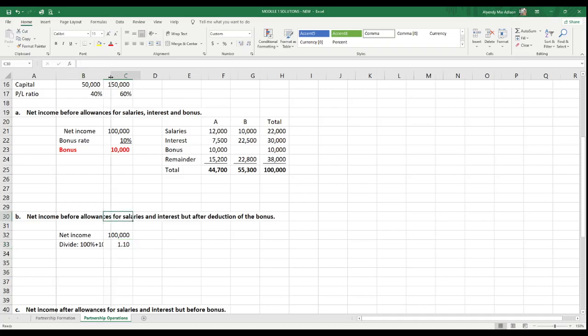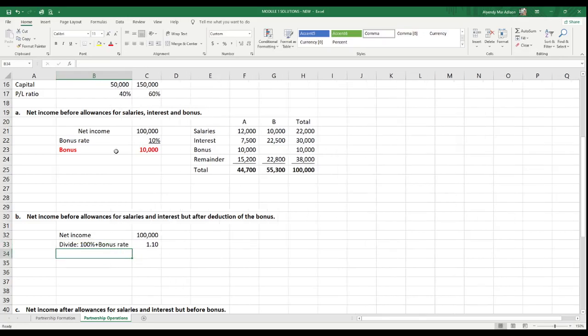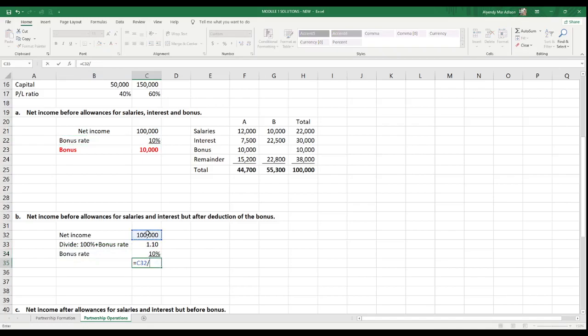The 100% is fixed, while the 10% depends on the bonus rate. So we have 1.10, and after that, we will multiply it by the bonus rate of 10%. So 100,000 divided by 1.10 multiplied by 10%, then you get 9,091, and this is our bonus.